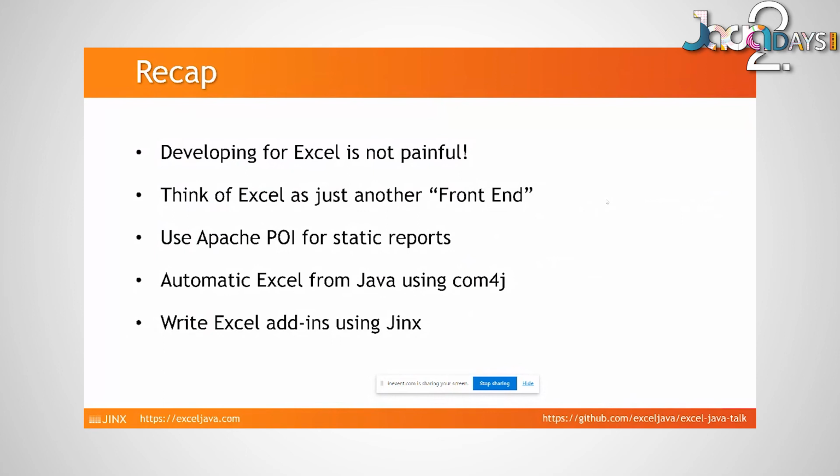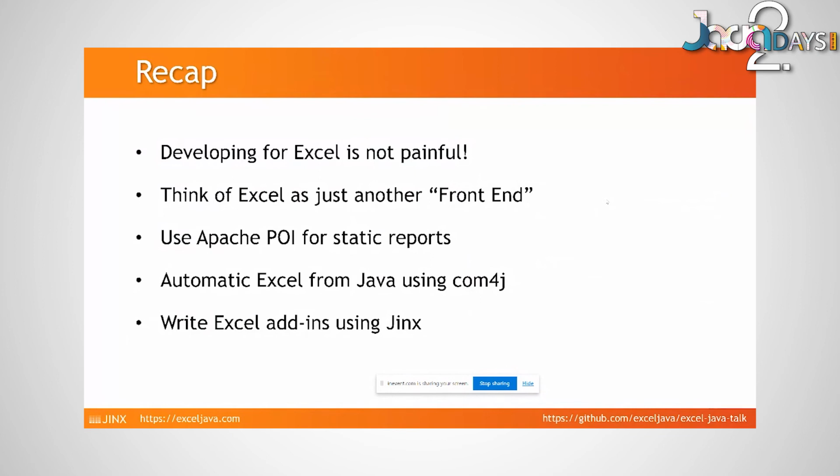Really, we can just think of Excel as another front end for our Java code. So our Java code sitting there, well tested, in version control, centrally deployed, that kind of thing. But really, we're just using Excel as a front end in the same way that we would write a web app.